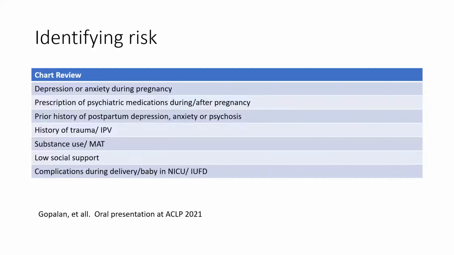So this table is from a group at University of Pittsburgh Medical Center, who is using this set of risk factors to identify patients who are inpatient on either antepartum or postpartum floors, who may need closer follow-up or even a proactive referral to mental health services, regardless of their actual depression screening scale score.